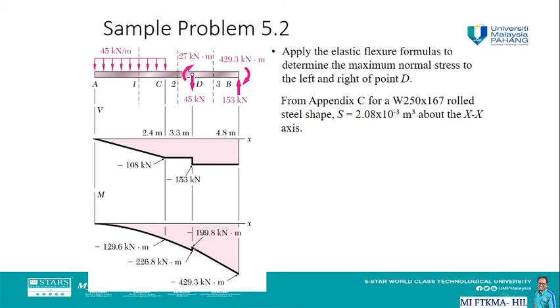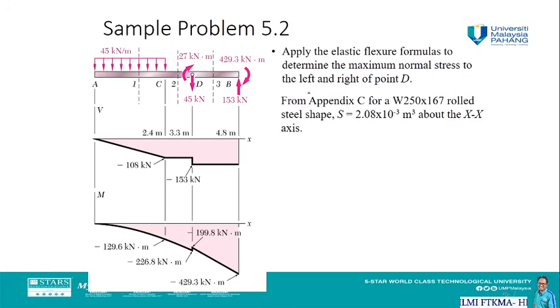At point D you can see that the line is not continuous, and the main reason is that at point D we have the moment 27 kilonewton meter. So the moment is going to be plus 27 from 226.8, and we are going to get 199.8, and from there it will be a linear equation again until point B, at minus 429.3.